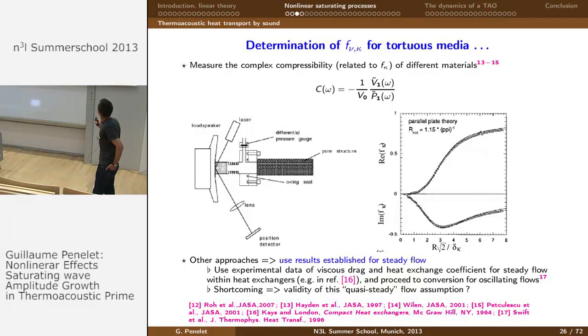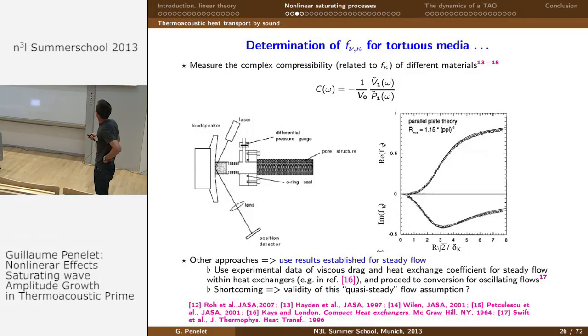And we can see that we can make a fitting with a parallel plate stack for which we fit the distance between the walls. There exist also other approaches which are used in the software Delta EC, which is a very famous software for the design of thermoacoustic engines.